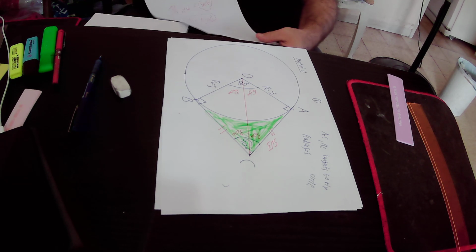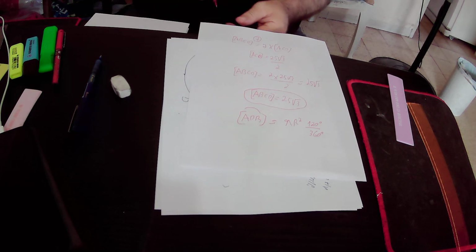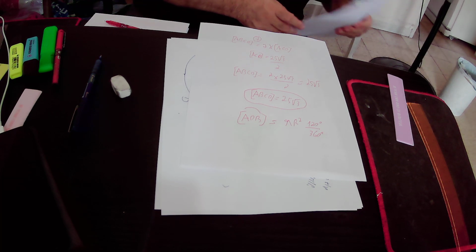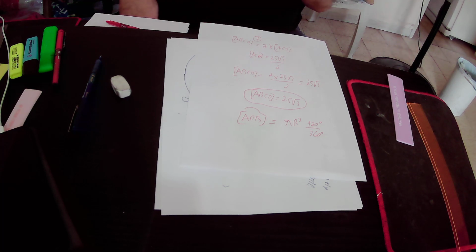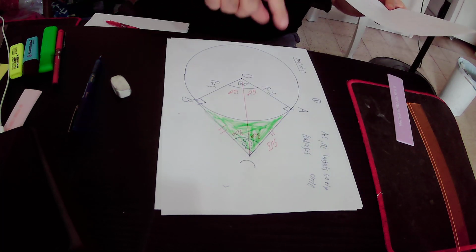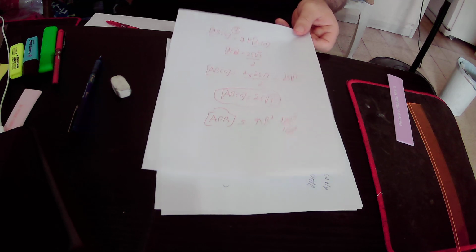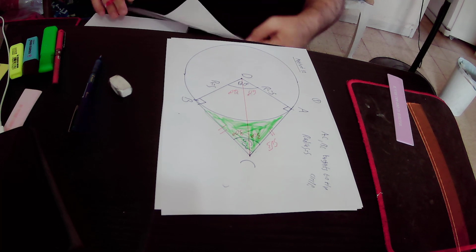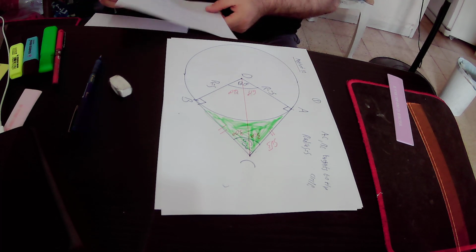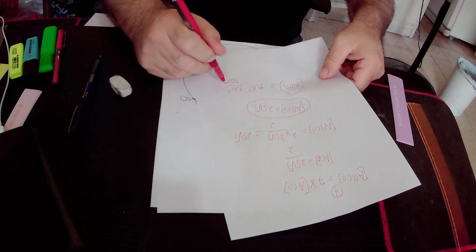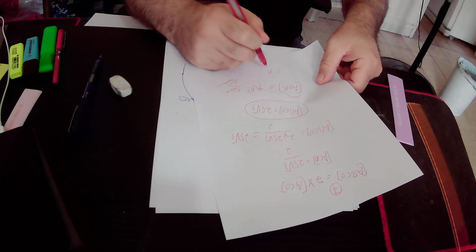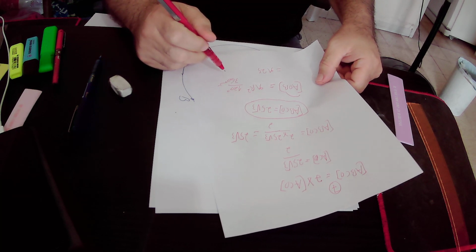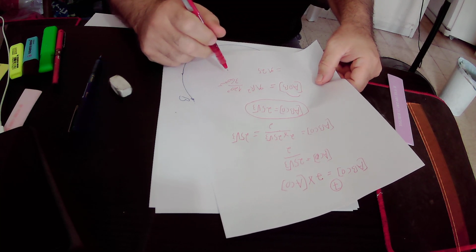We know that r equals 5, so r squared is 5 squared. So it is pi times 25, and 120 degrees over 360 degrees is 1 over 3.